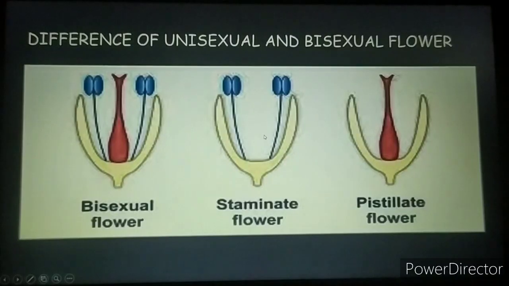Those flowers that have only stamens, that is the male reproductive part only, are called staminate flowers. What are they called? Staminate flowers. And those unisexual flowers which bear only the pistil, that is the female reproductive organ, are called pistillate flowers.